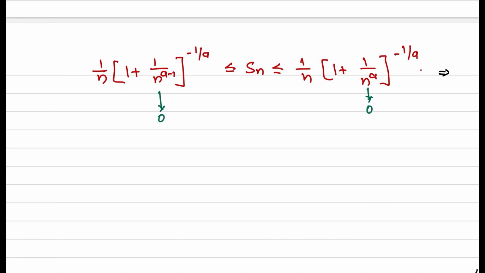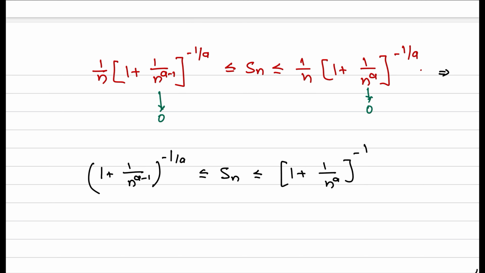This implies (1 plus 1 by n to the power of a minus 1) to the power of minus 1 by a is less than or equal to Sn is less than or equal to (1 plus 1 by n to the power of a) to the power of minus 1 by a.